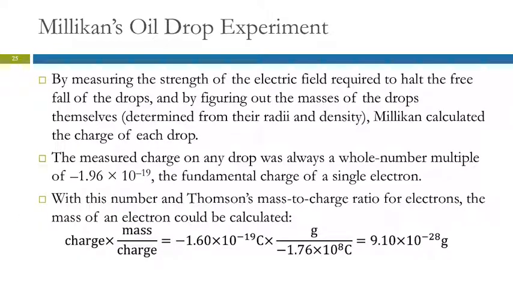So having that and Thomson's mass to charge ratio for electrons, he was able to calculate the mass of the electron, the charge times the mass over the charge. So here we've got the charge on the electron, and then we have the ratio of charge to mass, and he was able to calculate the mass of the individual electron.